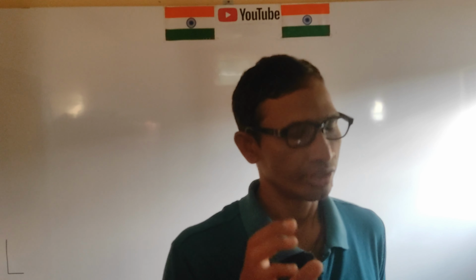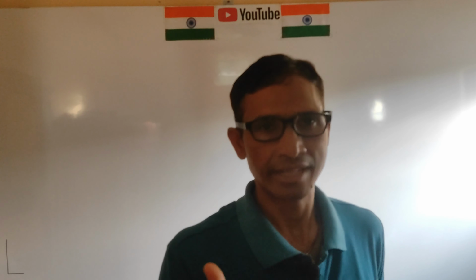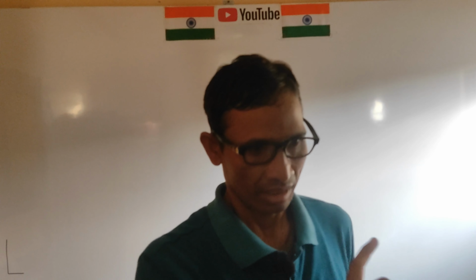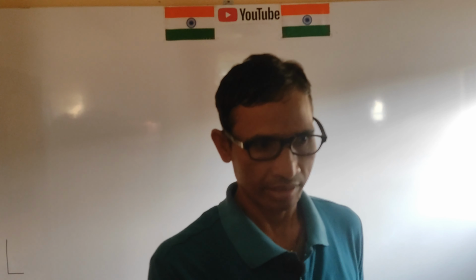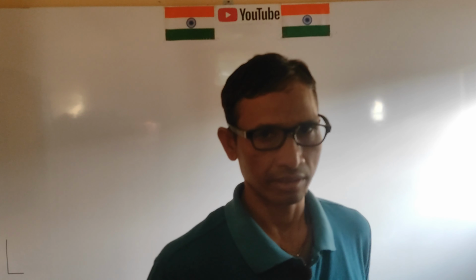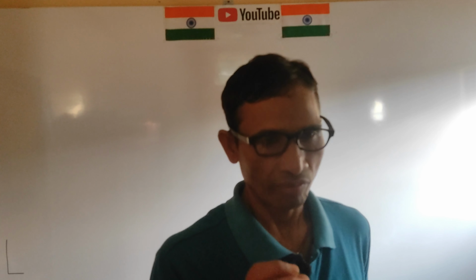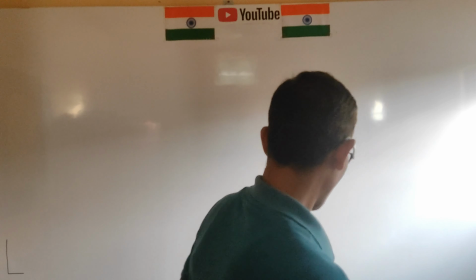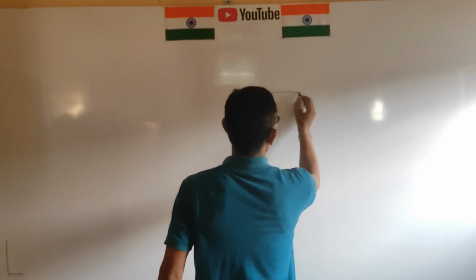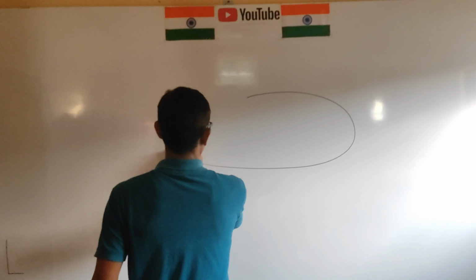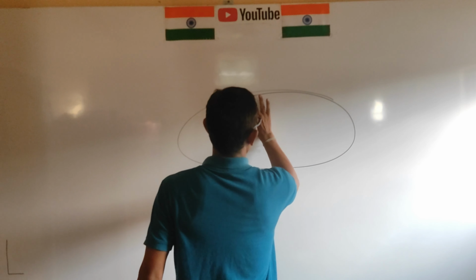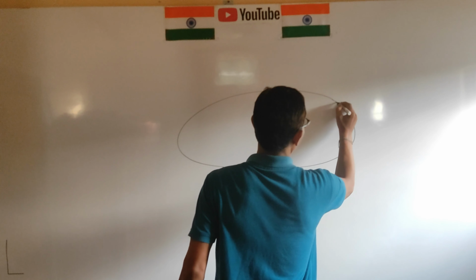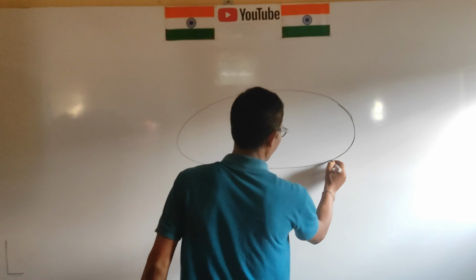It says that the revolution of any planet around the sun is elliptical, and the shape of an ellipse is like this. This is the shape of an ellipse.